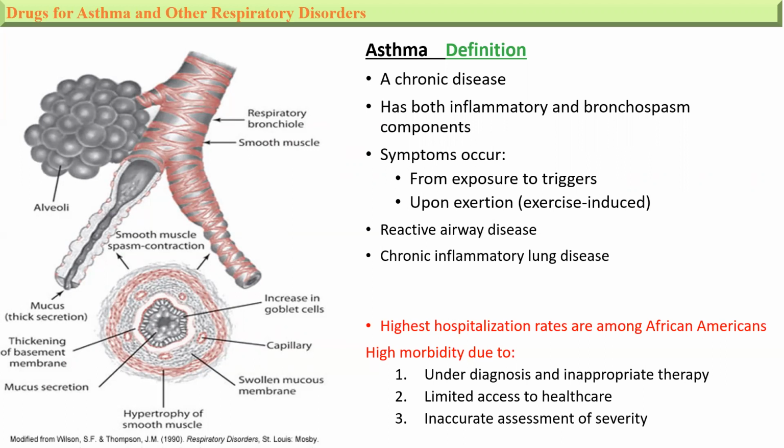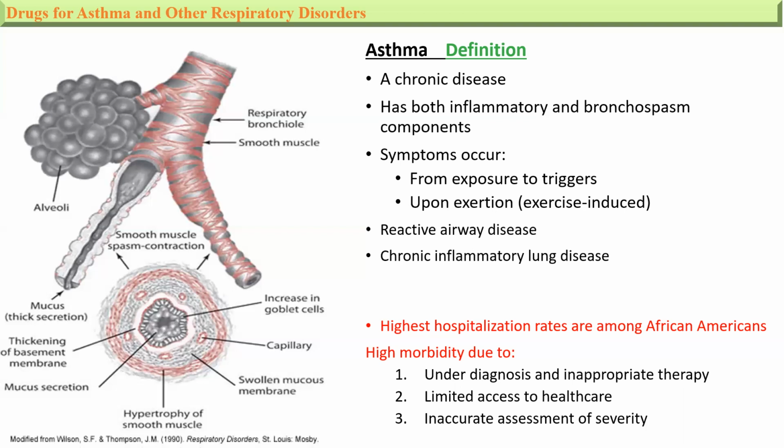At some point, the patient will develop an exacerbation attack. So remission means no symptoms. Exacerbation is when the signs and symptoms are extremely heightened, and that will result in the patient seeking medical attention. Now, the disease is chronic, and it's due to inflammation, and that inflammation causes various degrees of obstruction in the airways.